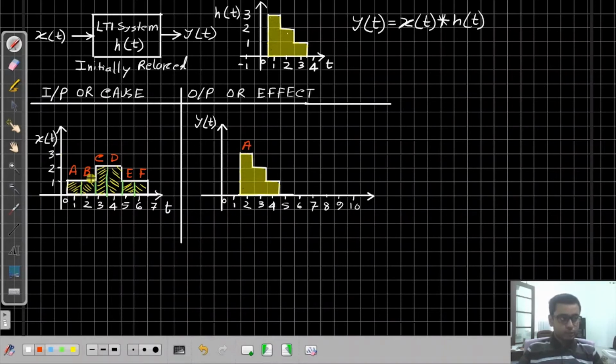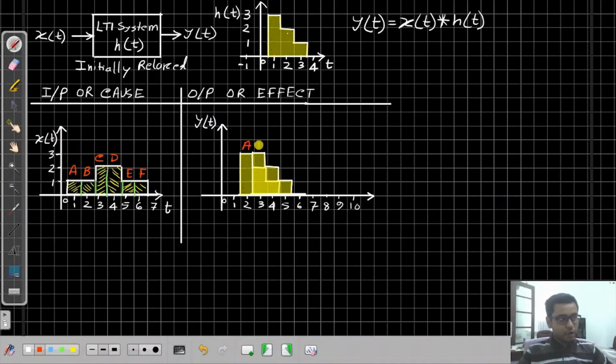Now let's come to part B, that is again another impulse of unit area. So its response will again be similar to this graph. So I will copy it and put it here, after 1 unit delay from the previous output.